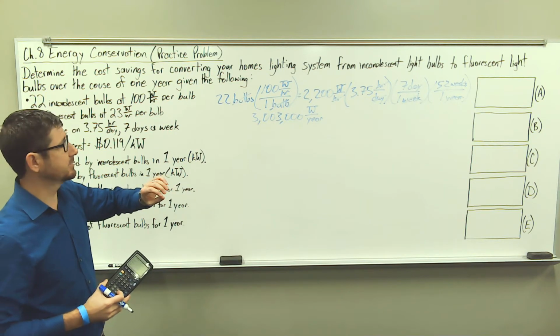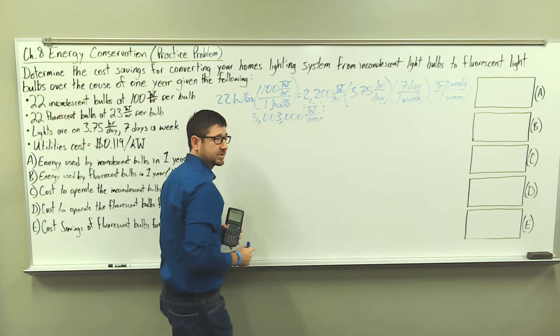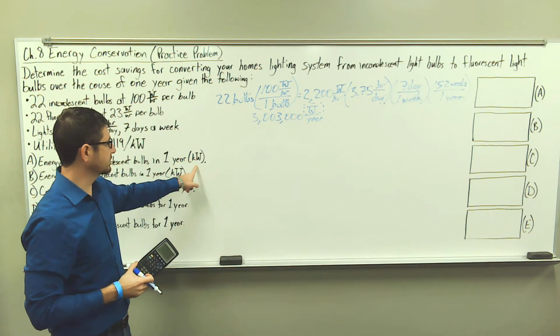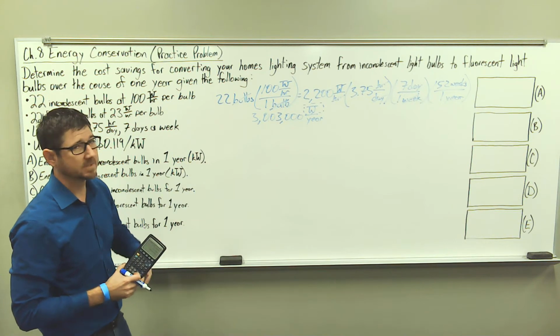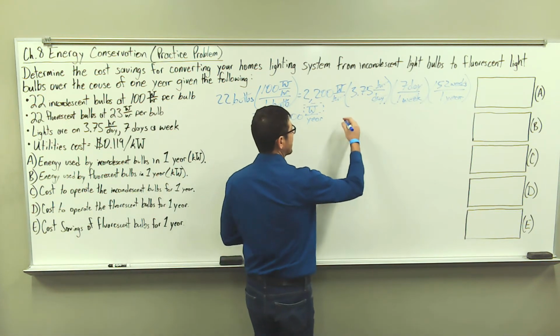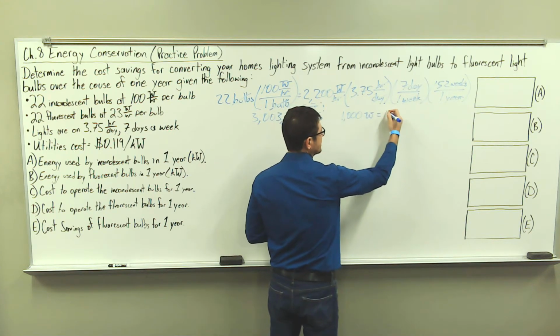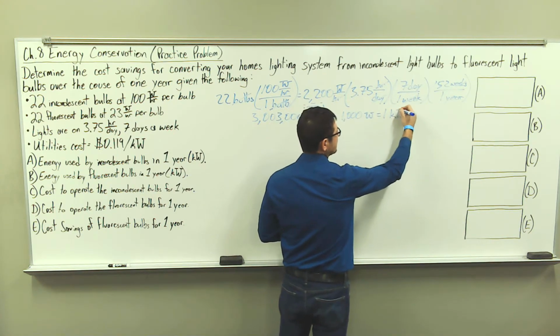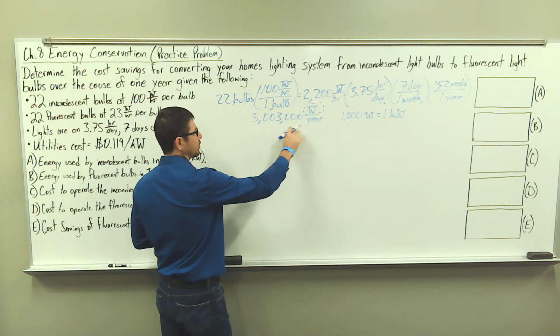So we're specifically looking at the energy here, but it wants us to convert it from units of watts to units of kilowatts. Well, we know that 1,000 watts is equal to 1 kilowatt. Okay, so let's multiply this.